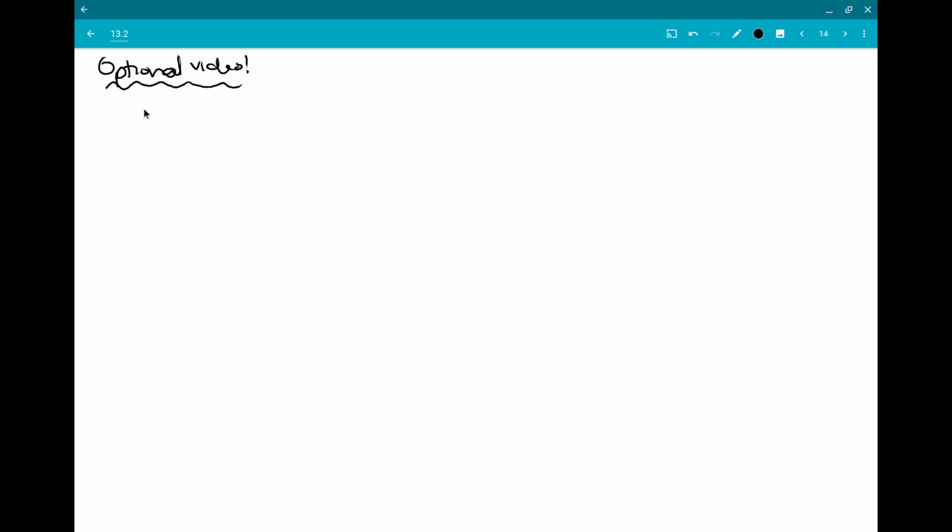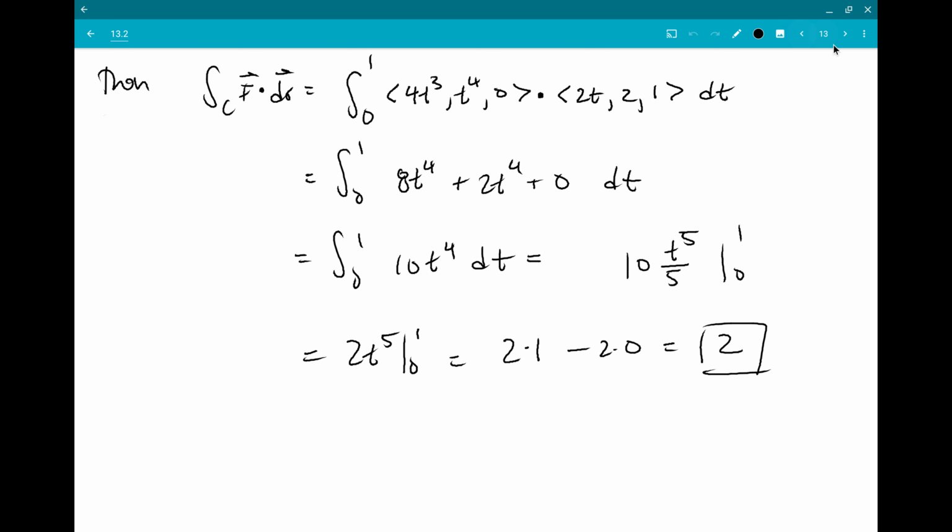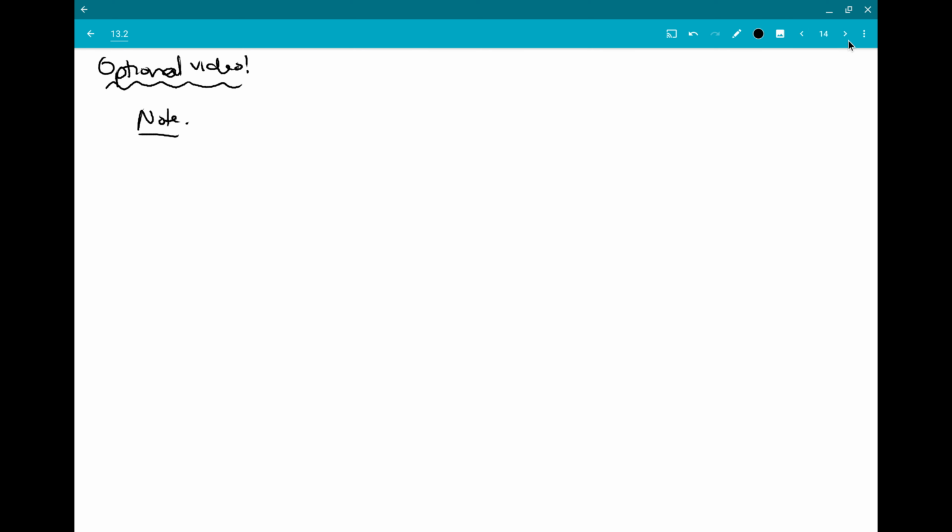But before you get worried about the fact that you haven't seen a whole lot of these vector line integrals, I want you to be able to recognize that vector valued line integrals aren't all that different from when we did scalar valued line integrals.